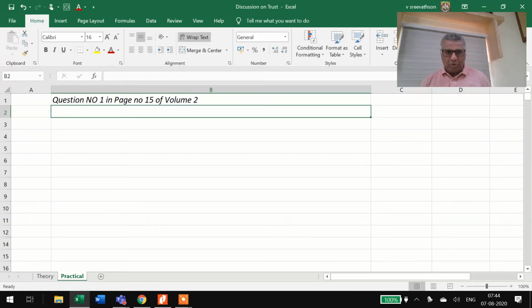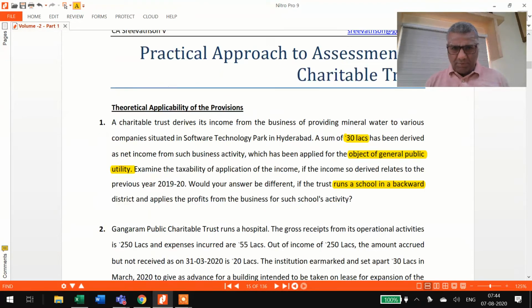Volume 2 I am not going to write, but generally, I think it will be a continuation, page number 262.